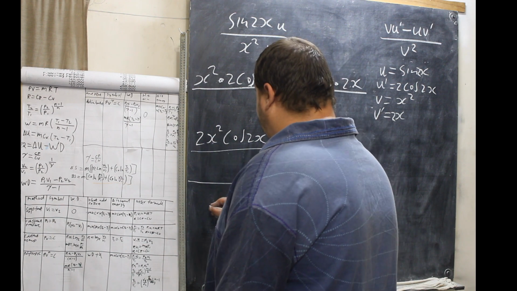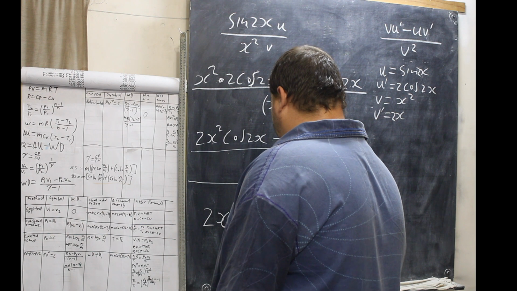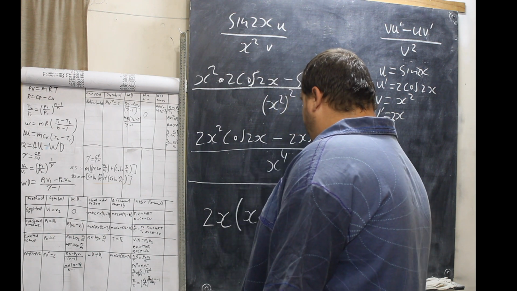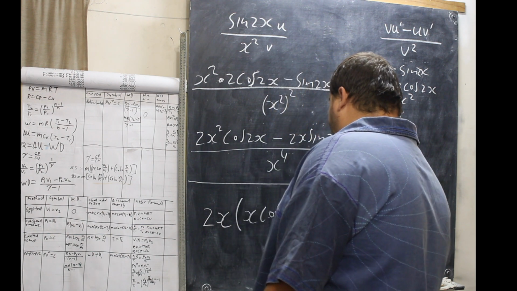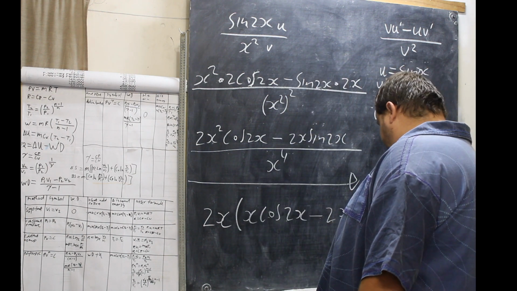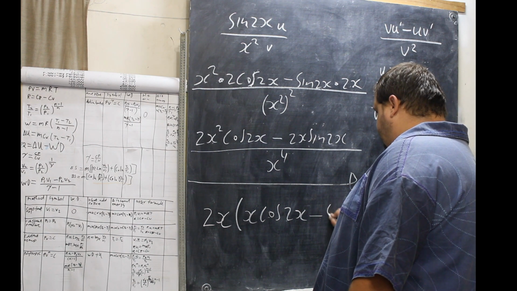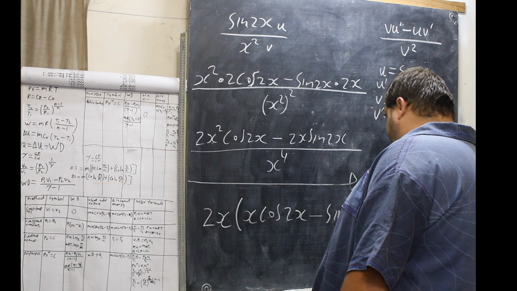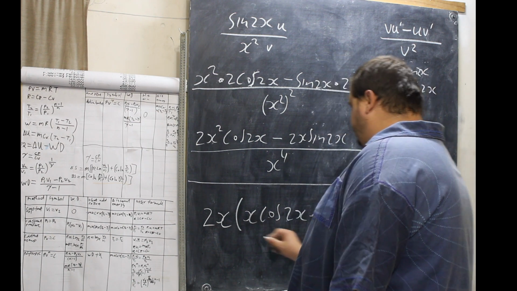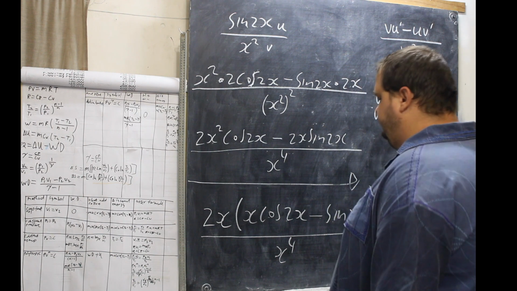So take 2x out, 2x times x cos 2x minus sine 2x all over x to the power 4.